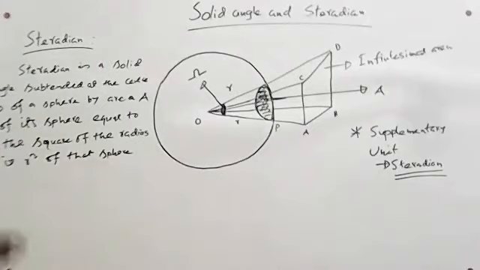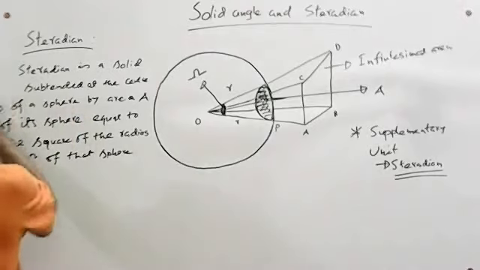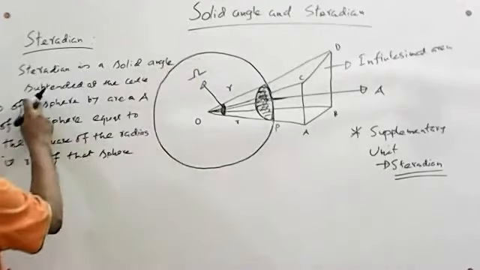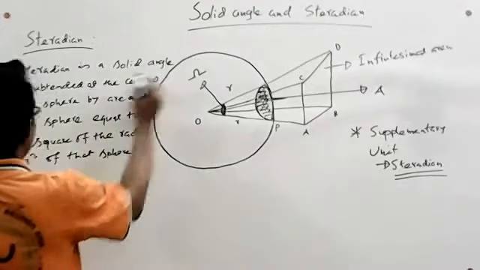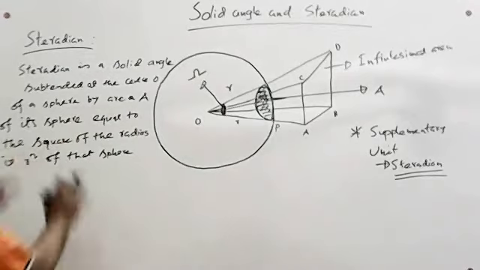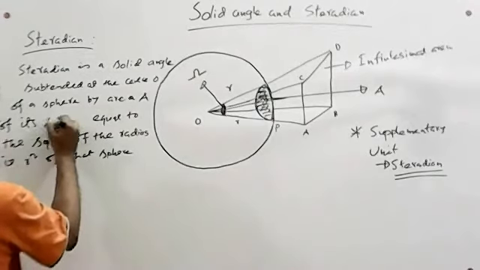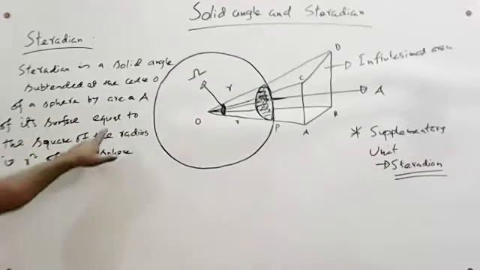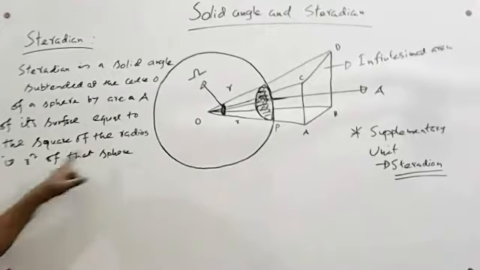I repeat again. Steradian is a solid angle subtended at the center O of a sphere by area of its surface equal to the square of the radius, that is r square of that sphere.